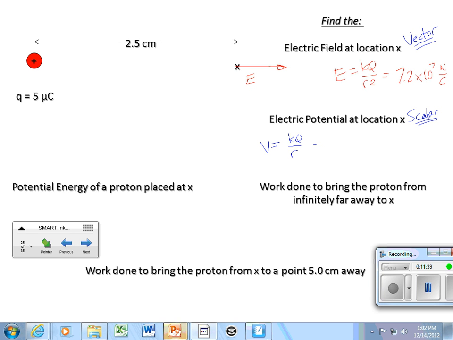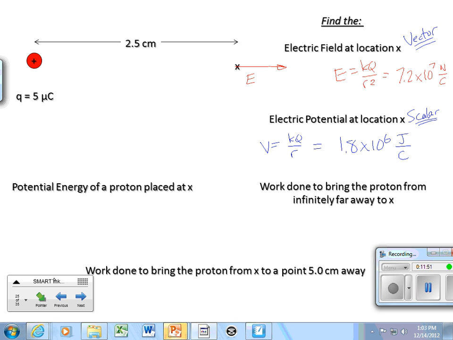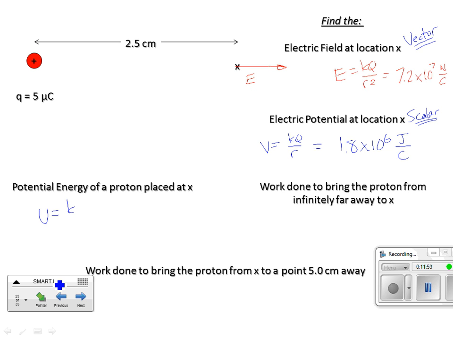1.8 times 10 to the 6th joules per coulomb. Okay? Potential energy of a proton that we put there, that's U, is KQq over R. So, a proton we know has the same charge as an elementary charge of an electron.